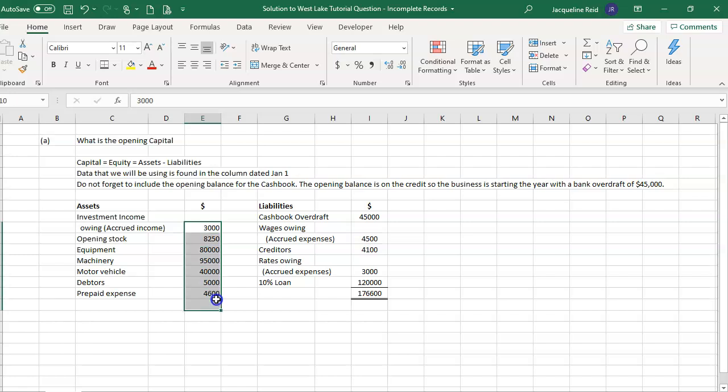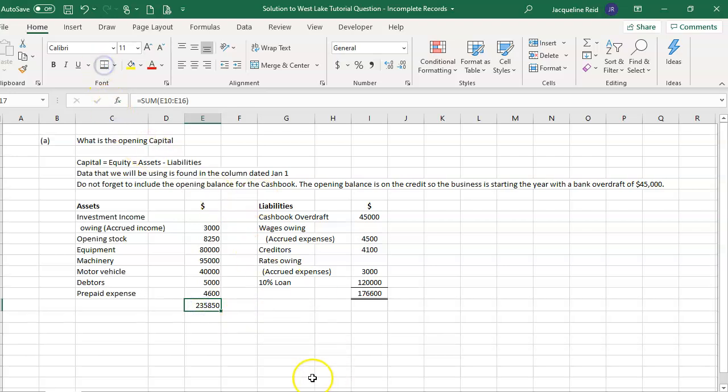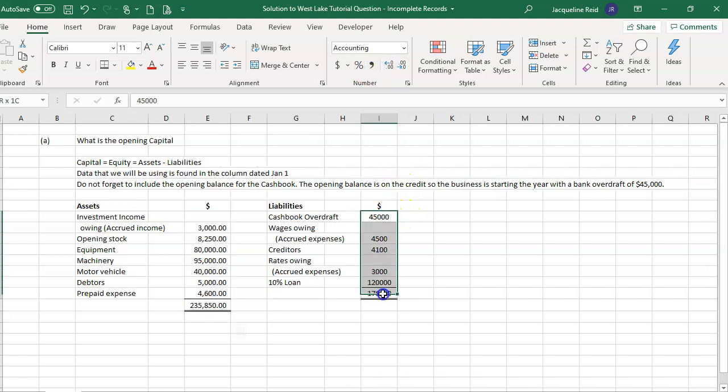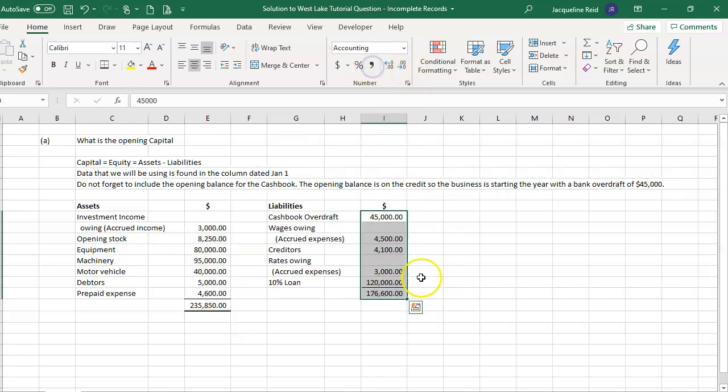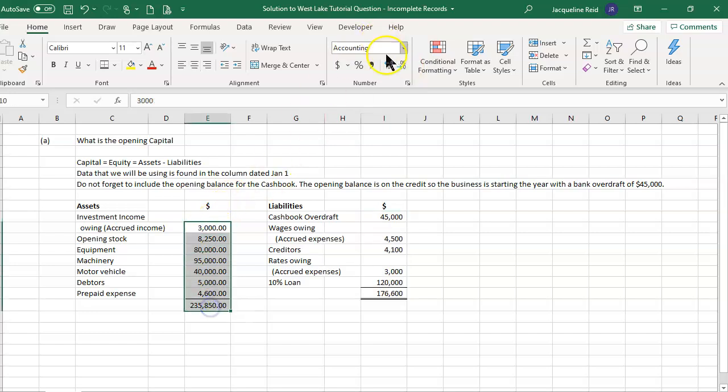So together, our new total for assets is $235,850. So now that we have our total assets and our total liabilities, we can determine what our opening equity is.